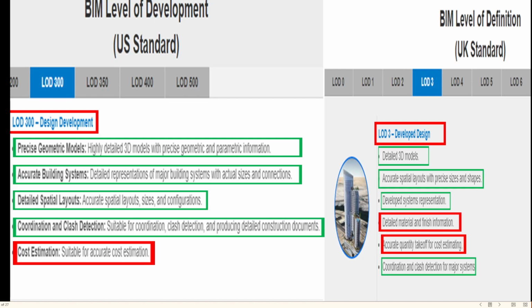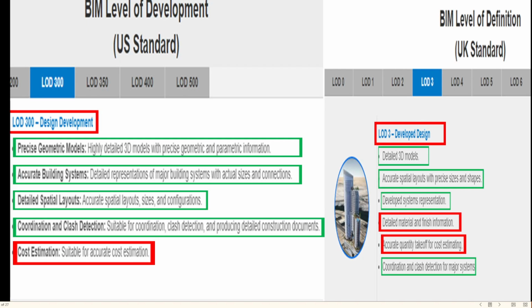Finalization of the 3D mass model by feeding it with parametric data, finalization of spatial settlement issues, high degree detailing of the main systems of the structure, detection of complex situation, and realization of coordination are available in both standards.